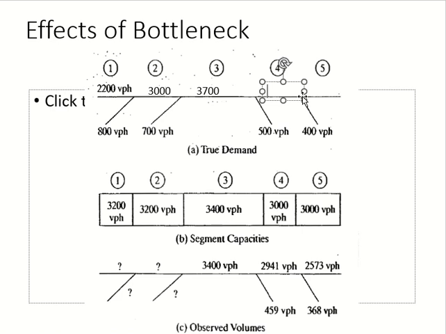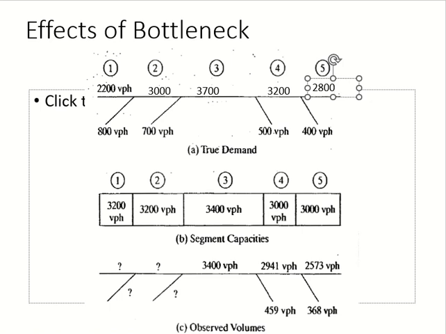You have to subtract now because the flow is going out. So we subtracted 500, we got 3,200. The last one. Now you will subtract how much? 400. So we have the demand for each segment.